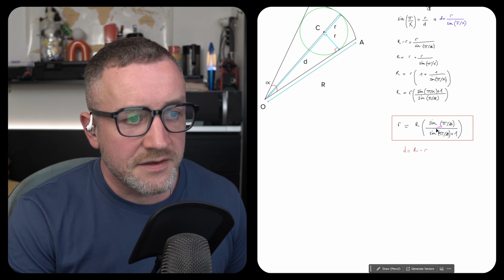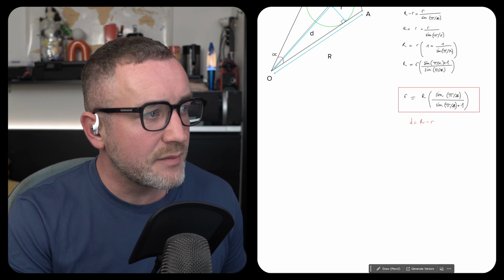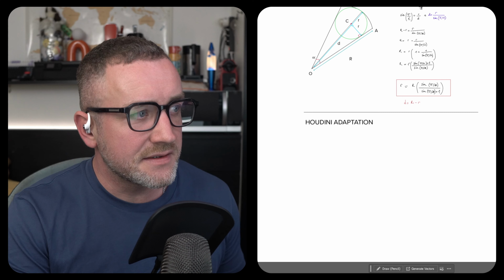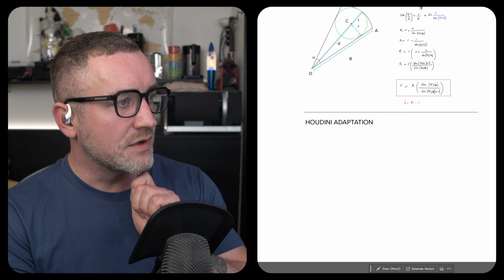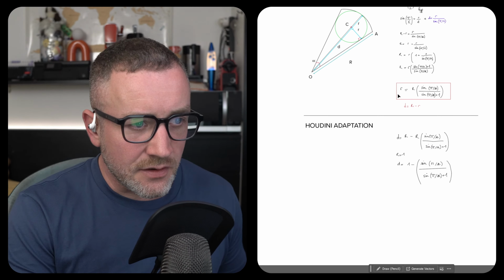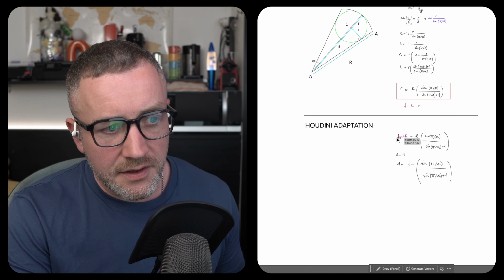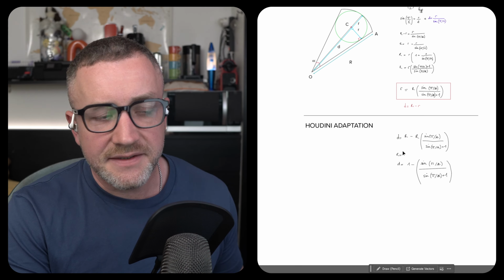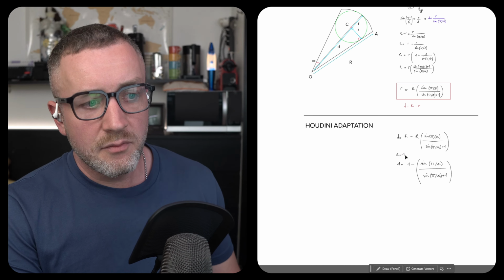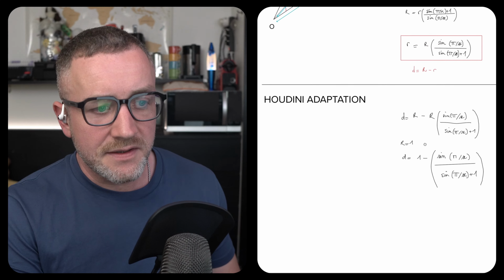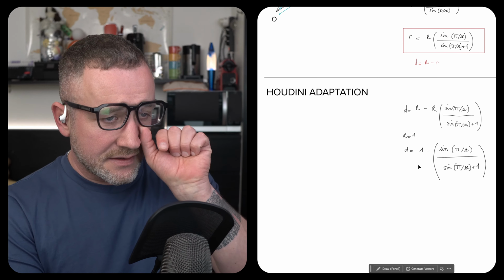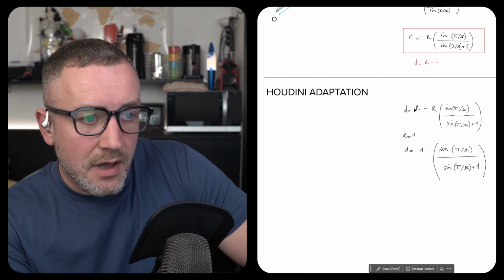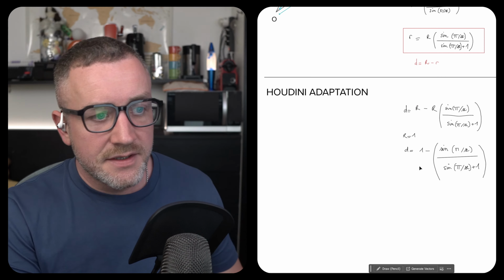So, once we have that, how do we input everything back in Houdini? The Houdini adaptation is pretty simple, but there is one little catch that we need to be aware of. This is the expression of d by R. In our case, we make it simpler by choosing R equals 1, and we can simply swap R by 1, and we have this expression of d.